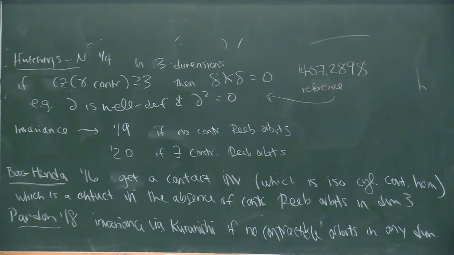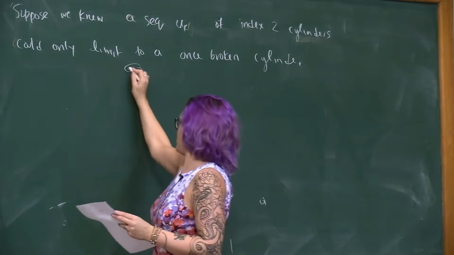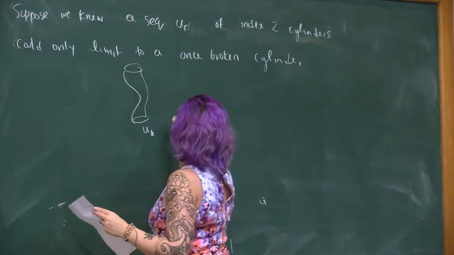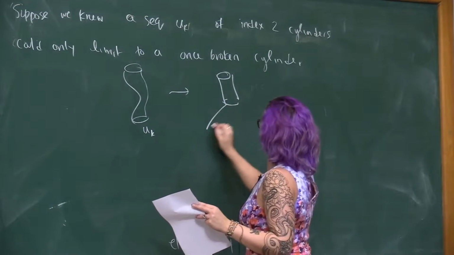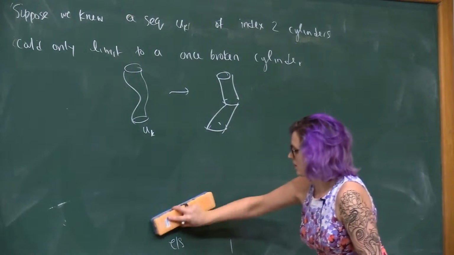So suppose we knew a sequence u_k of index difference 2 cylinders could only limit to a once broken cylinder. So here are our u_k, and then they limit to a once broken cylinder. So this is our starting assumption. Then we can prove the following lemma.